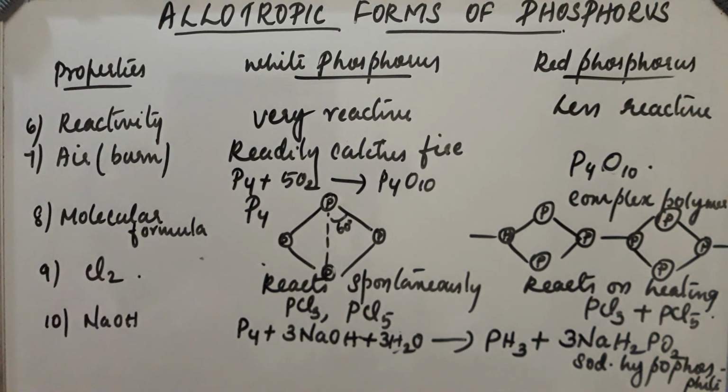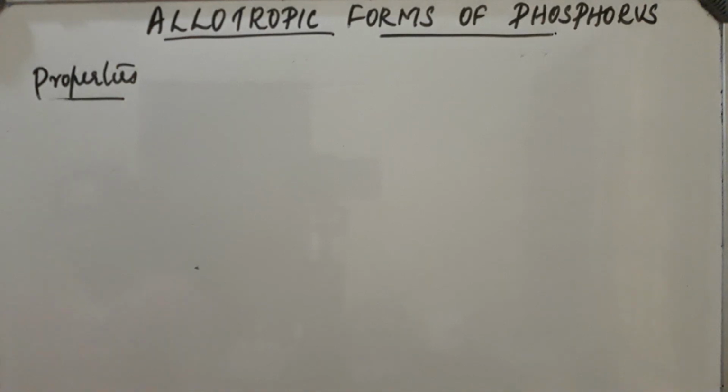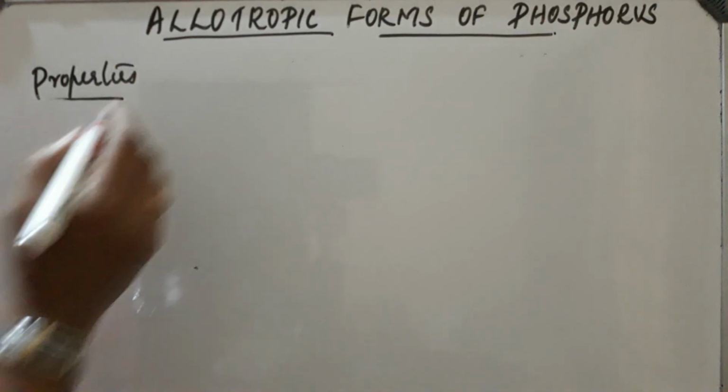Now, some special properties of red phosphorus. How can we obtain red phosphorus?